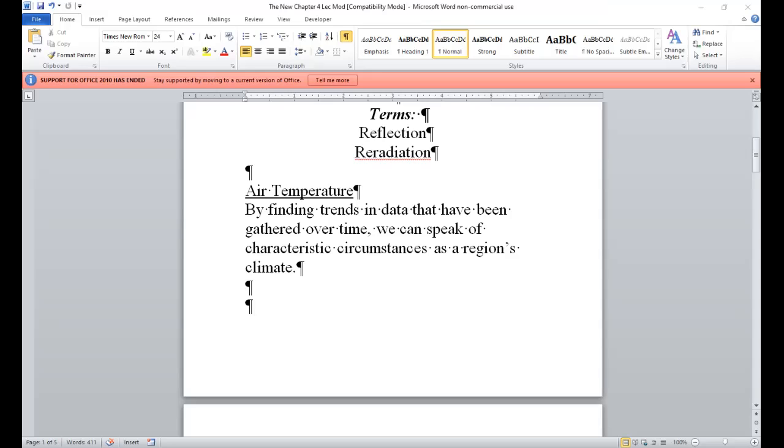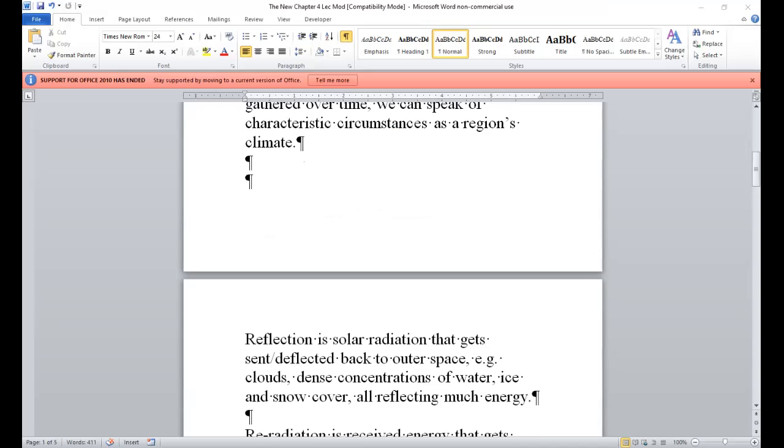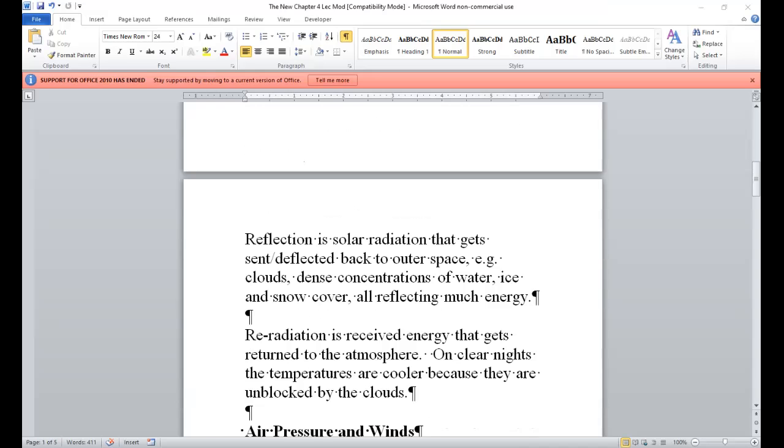Now, as we start to move into reflection and radiation, I would ask you, for you visual types for sure, to turn to page 79, figure 4.8. Reflection is the solar radiation that gets deflected back to outer space.